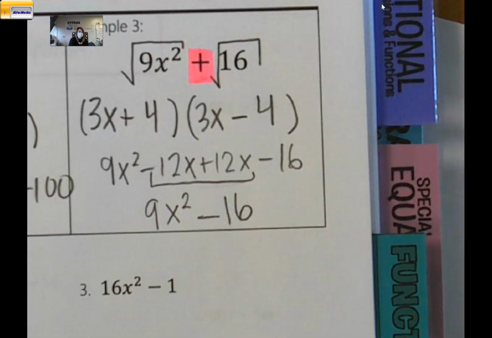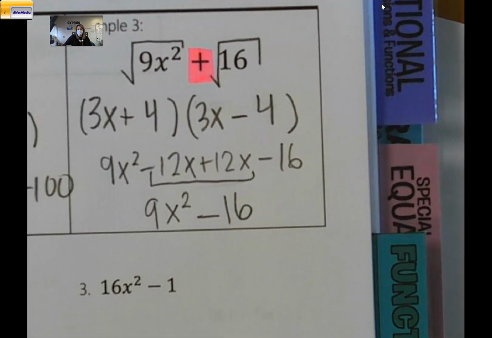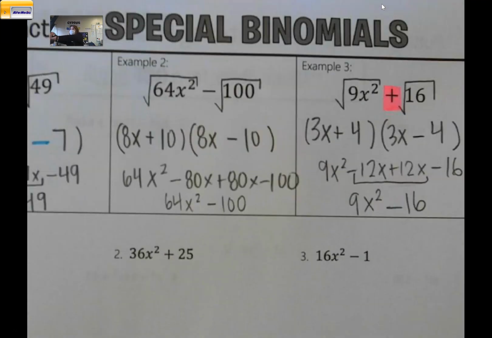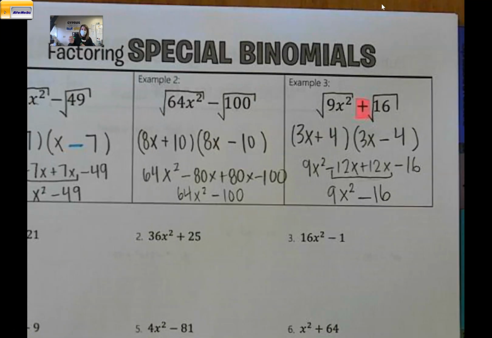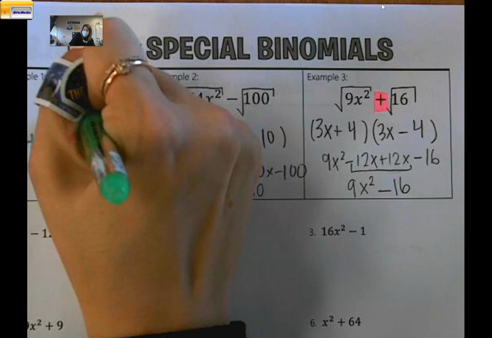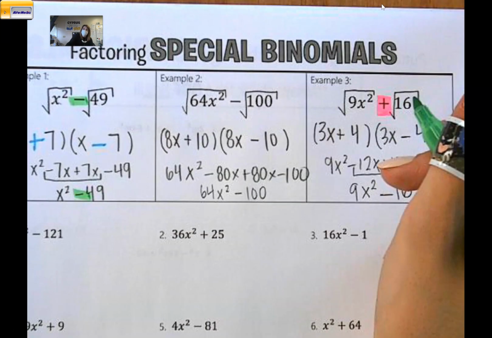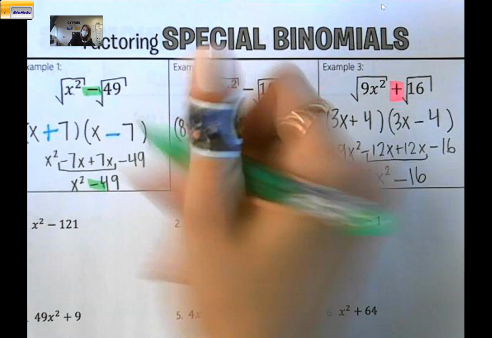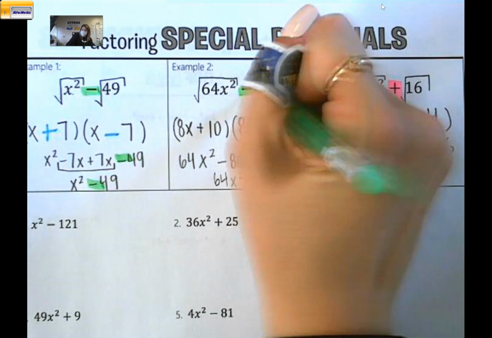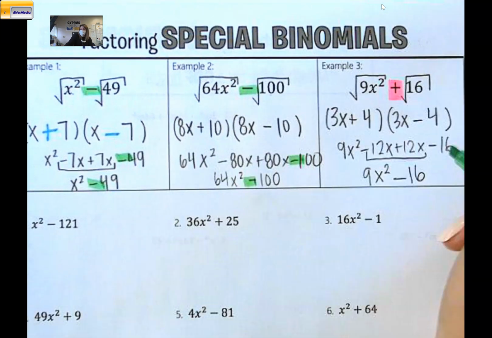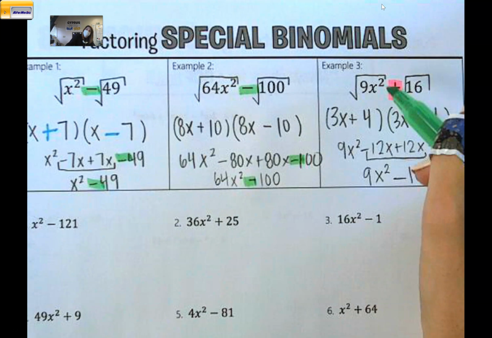Is that what I'm supposed to get? No. Look over here on these ones. I had a minus 49 to begin with, and I had a minus 49 after I multiplied it out. Minus 100, same thing. But here, all of a sudden, I have a plus sign, and down here I have a minus sign.